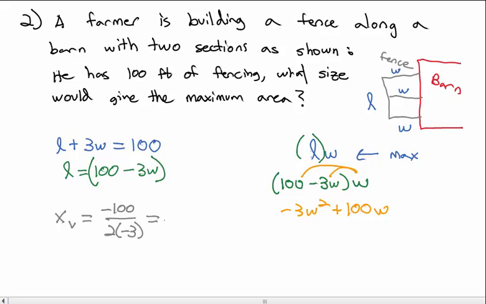And we're just going to round this to the nearest whole foot. Negative 100 over negative 6. So 100 divided by 6, it's a positive 16.6. We can actually do that, 16 and 2/3 foot.